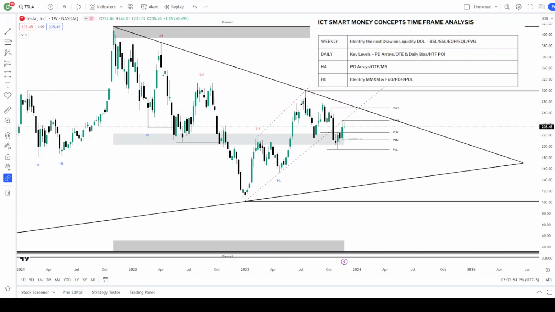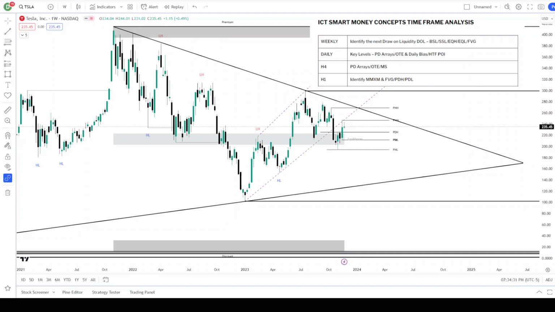It has the Fibonacci retracement settings for optimal trade entry with the scale out fib level extensions, has the Smart Money Concepts time frame analysis, which we use for setting up our week ahead chart. It also has some information about Power 3 and ICT concept rules, and then all of the abbreviations for our ICT concepts and terminology. So a lot of you guys are like, hey, what does this mean? What does that mean? You can find the abbreviations on that website as well.